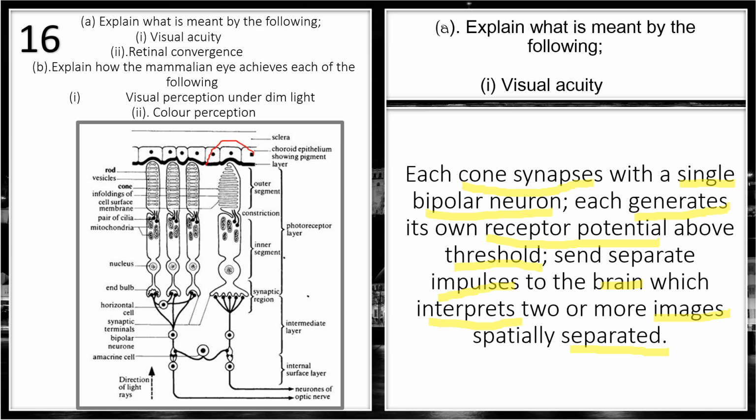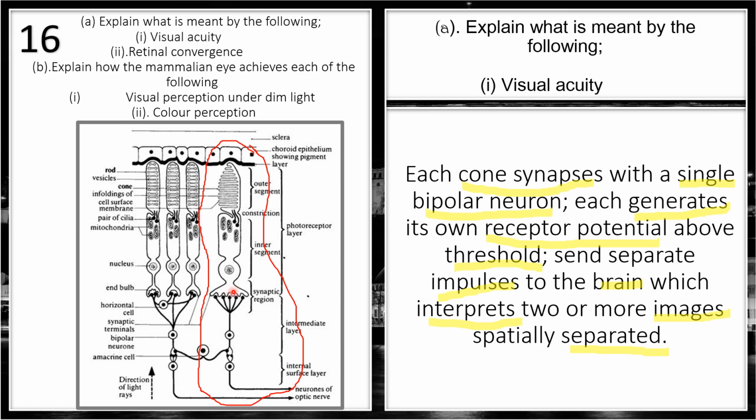We have here our cone cell. And when you look at that cone cell, we are saying that each cone cell synapses with a single bipolar neuron. Here it forms a synapse.